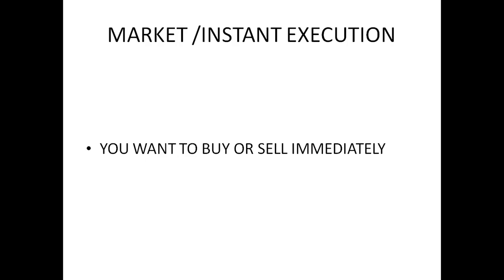You've realized that the setup is perfect for you, and you want to enter into the market immediately. That is when you will do what we call market execution or instant execution.